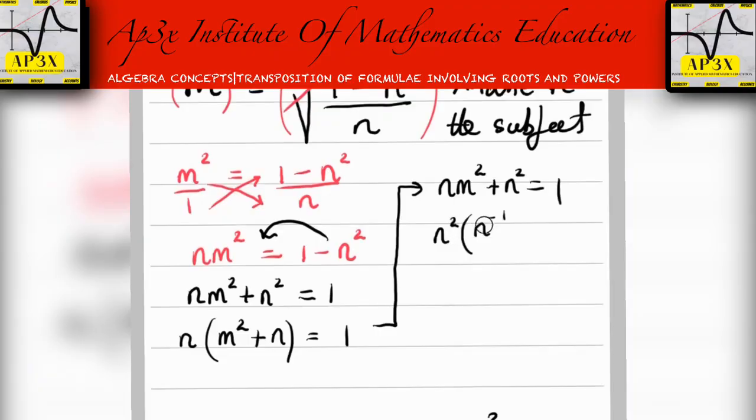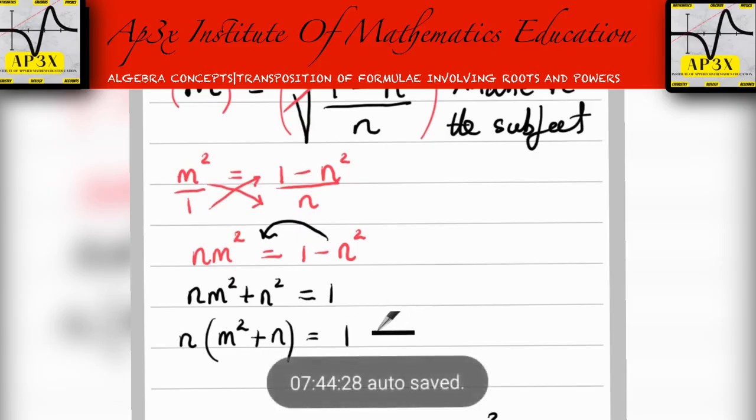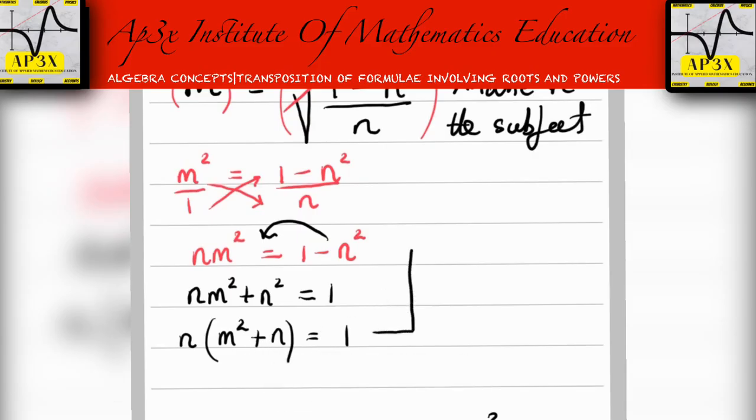Alright, so after pausing the video, I think that there may have been an error in the question. Let me just erase what I had done here. The problem in this question is that if you're trying to make something the subject of the equation, and we divide both sides by m squared plus n, then n is equal to 1, right?